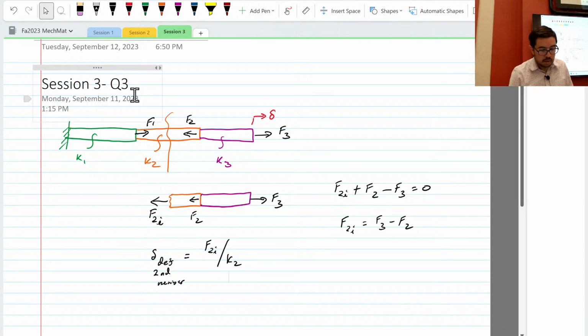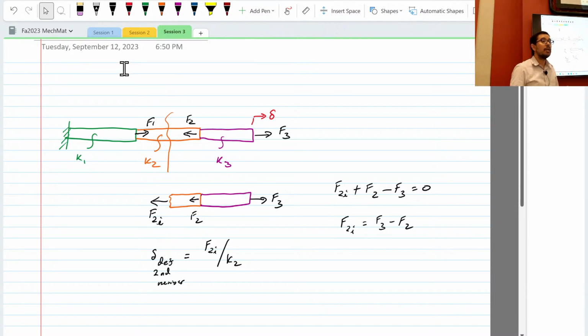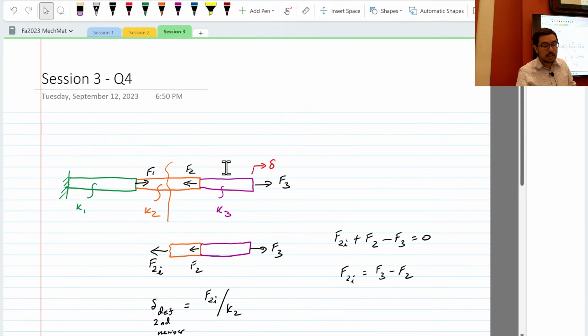And because I don't care about the deformation of F3, correct, you don't care about it. Yes, that's well said, Daniel. We're just asking what is the change in length of that middle section. In this problem, it really doesn't matter what K3 is.